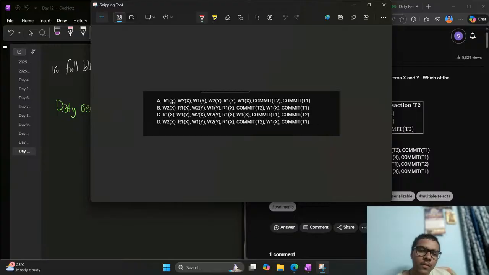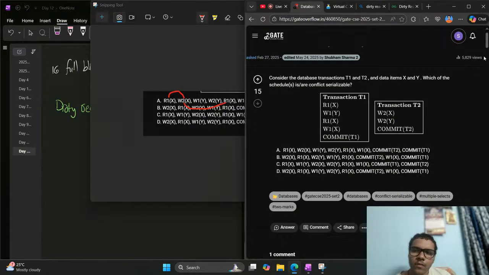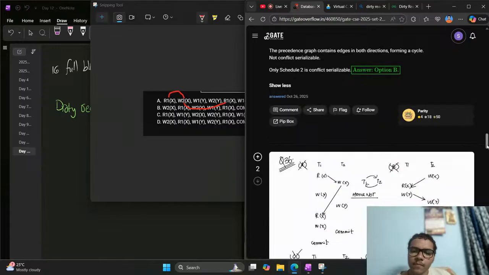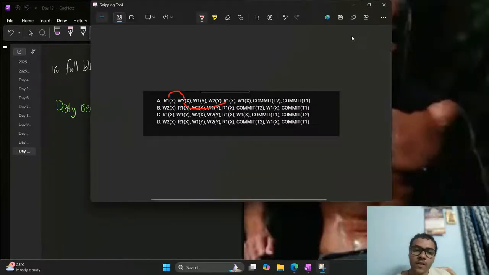R1 to W2. 1 to 2, there is 2 to 1. W2x and R1x.